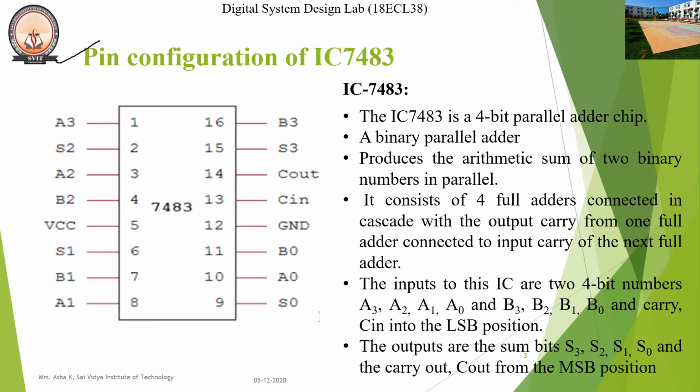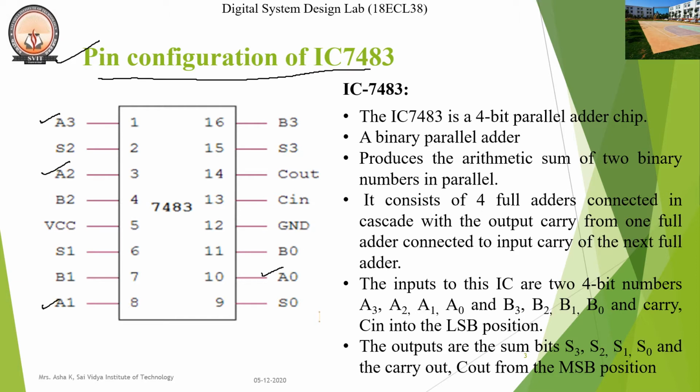Now let us discuss the pin configuration of the IC 7483. It is called the 4-bit parallel adder IC. It is used to produce the arithmetic sum of 4-bit numbers. It consists of four full adders which are connected in cascade, and the inputs to these full adders are A3, A2, A1 and A0.